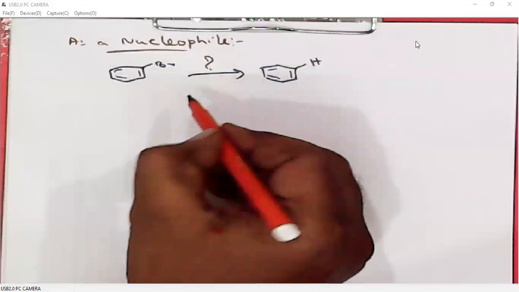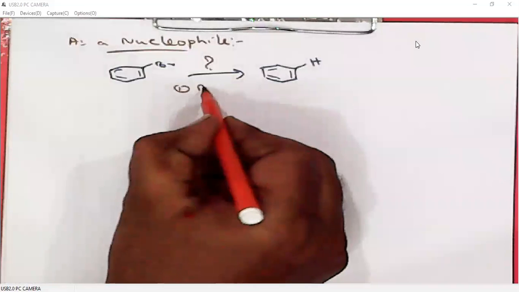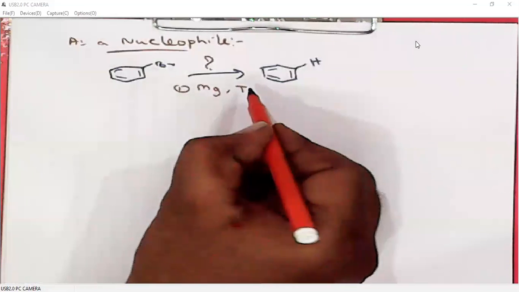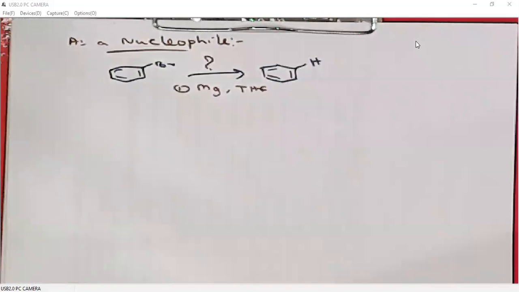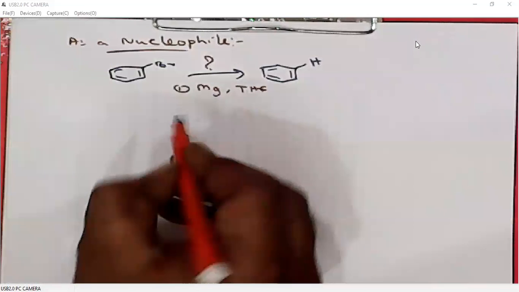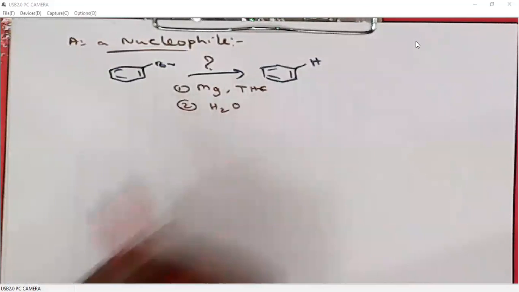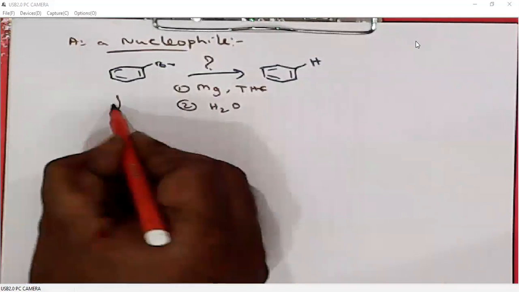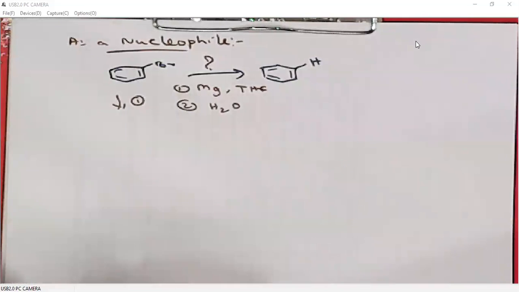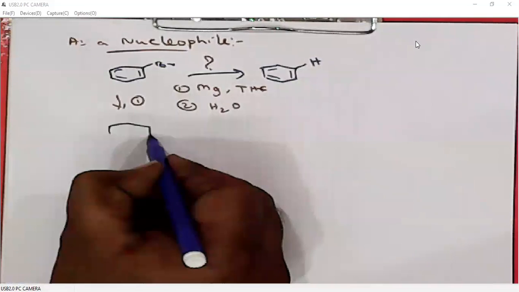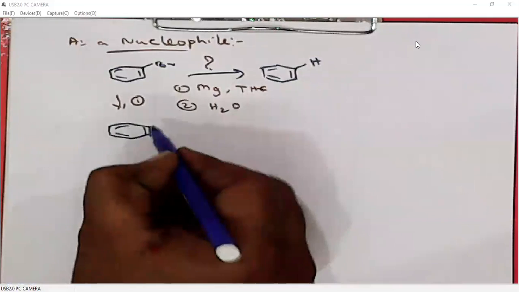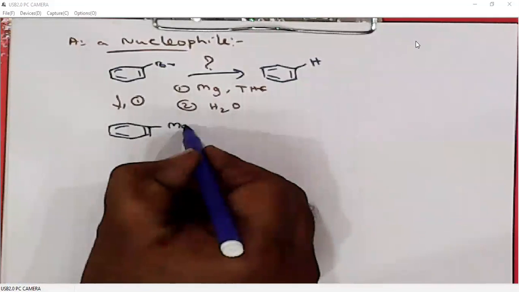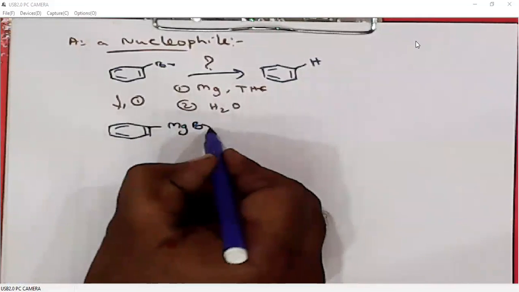It is simple. We can convert bromobenzene to phenyl Grignard and then we add water so that it becomes benzene. When we add magnesium, it generates a Grignard reagent, phenyl magnesium bromide.